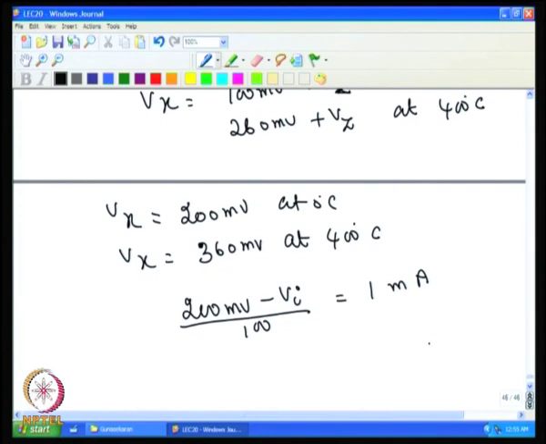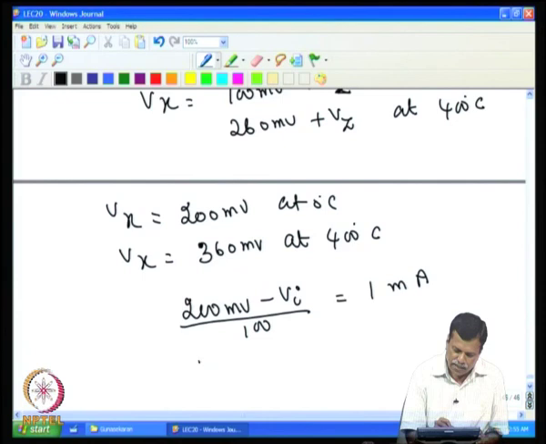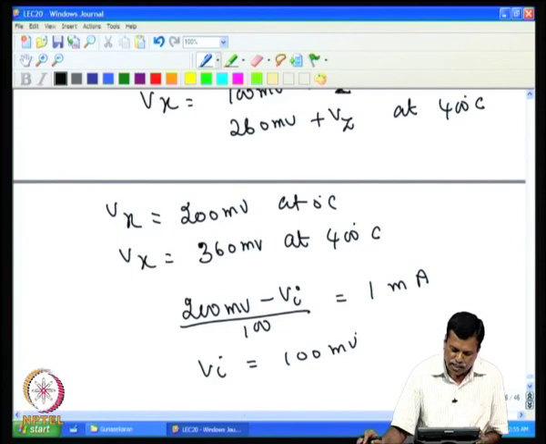That will come as Vi equal to 100 millivolt, which will give you 1 milliampere current.